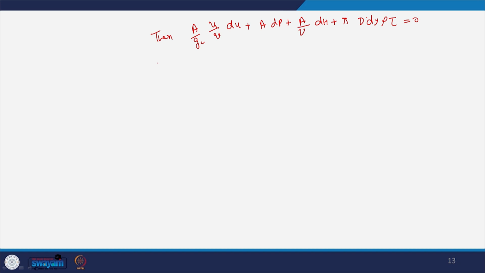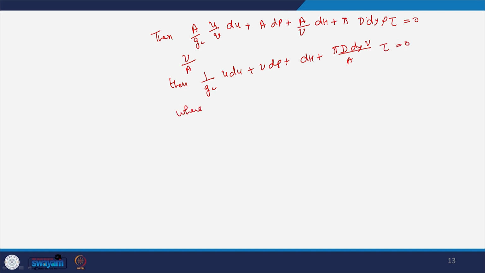Now if we multiply both sides by V upon A, then 1 upon GC u du plus V dP plus dH plus pi d dy V upon A tau is equal to 0.